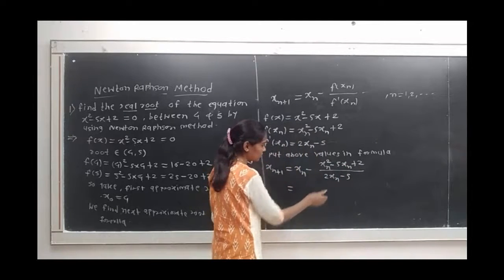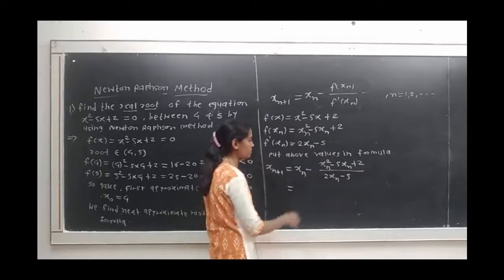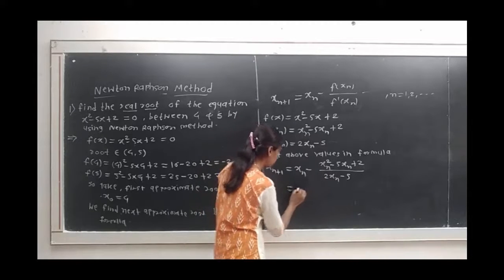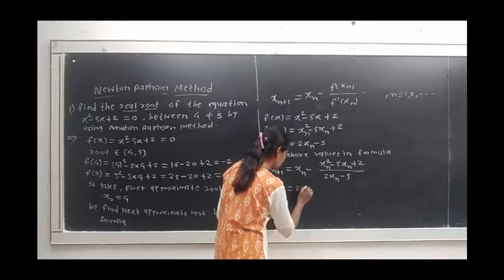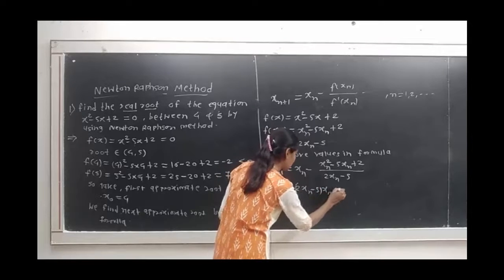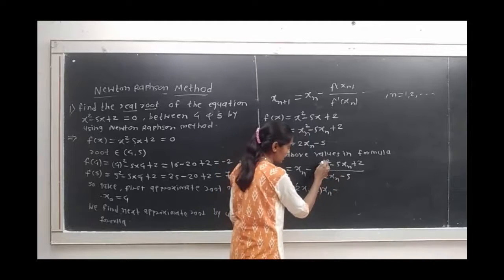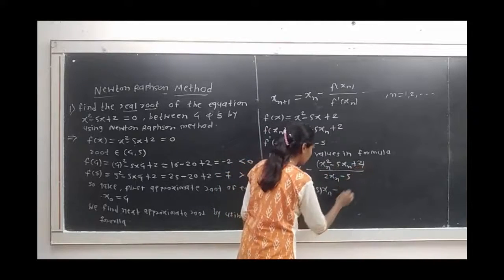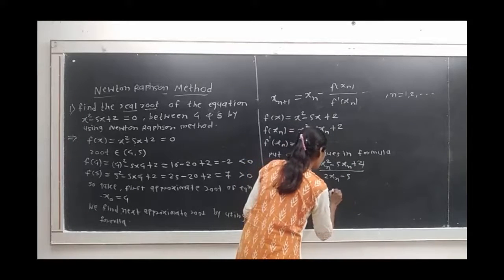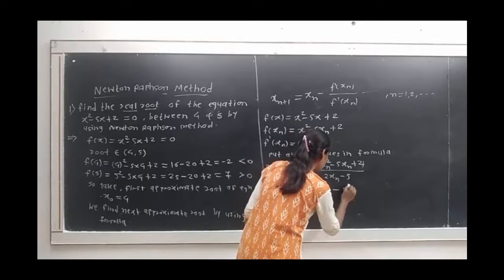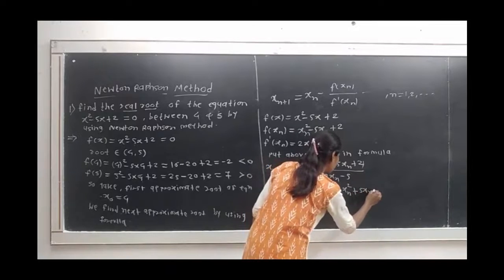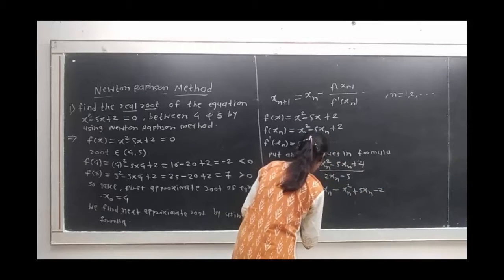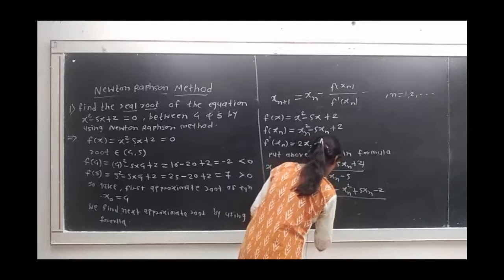Here we take the cross multiplication for simplifying this. We get 2xn minus 5 into xn, minus, multiplying the minus sign inside the bracket, xn square, minus minus becomes plus 5xn, minus 2, divided by 2xn minus 5.